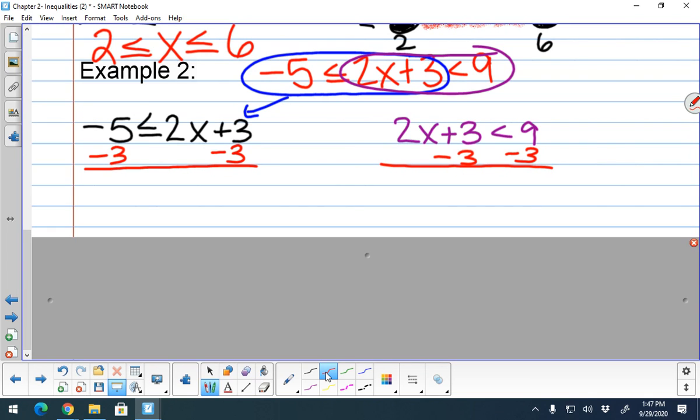All right, so I'm left with... Longo, what do I get for the first equation so far? Good. All right, Mr. Delgado, what am I going to get for this other equation? 2x is less than 6. Good.